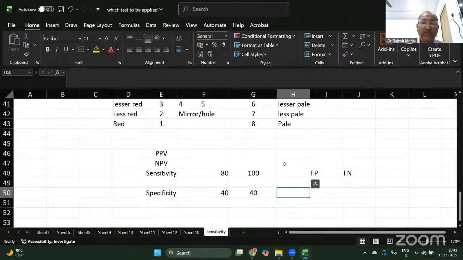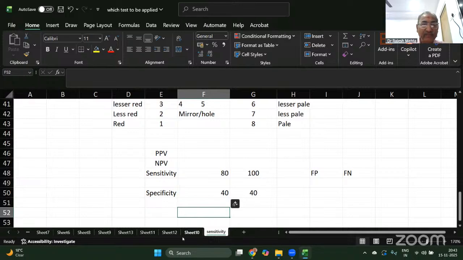Now, my question is, how can we change the sensitivity and specificity? By just changing the border. So I want to get your involvement in the chat.